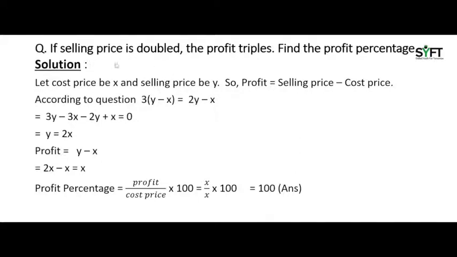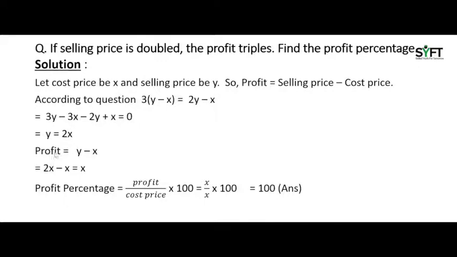So we get this equation: when the profit triples, 3(y minus x), the selling price is doubled, 2y minus x. After solving this equation, we'll get the value of y, which will come to 2x.